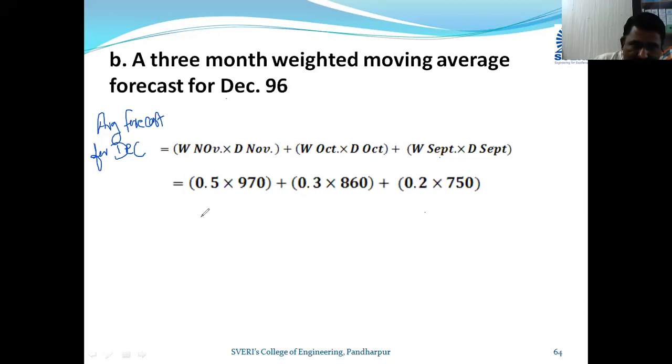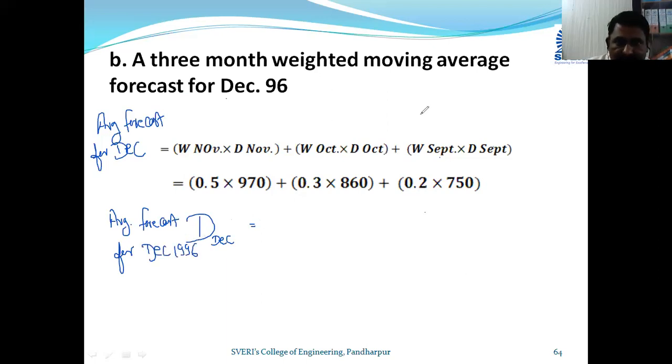I will say demand for December, average forecast for the month of December is equal to, chat box is open.